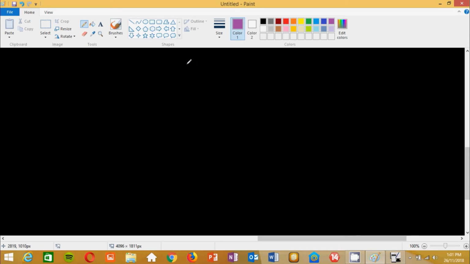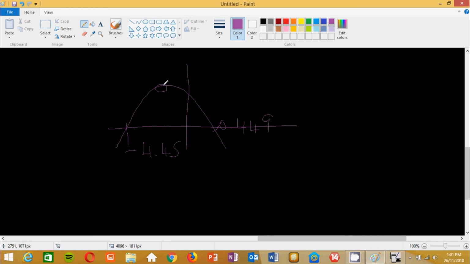So now we're going to sketch our curve, and it's going to look something like this, where this one here is the point negative 4.45, and this point here is the point 0.449, and then the point right here is the turning point, negative 2, 24.